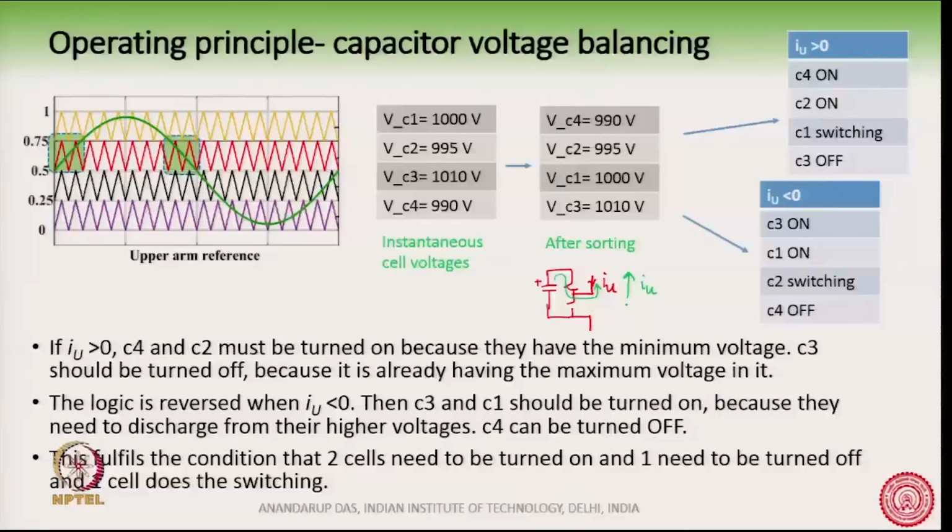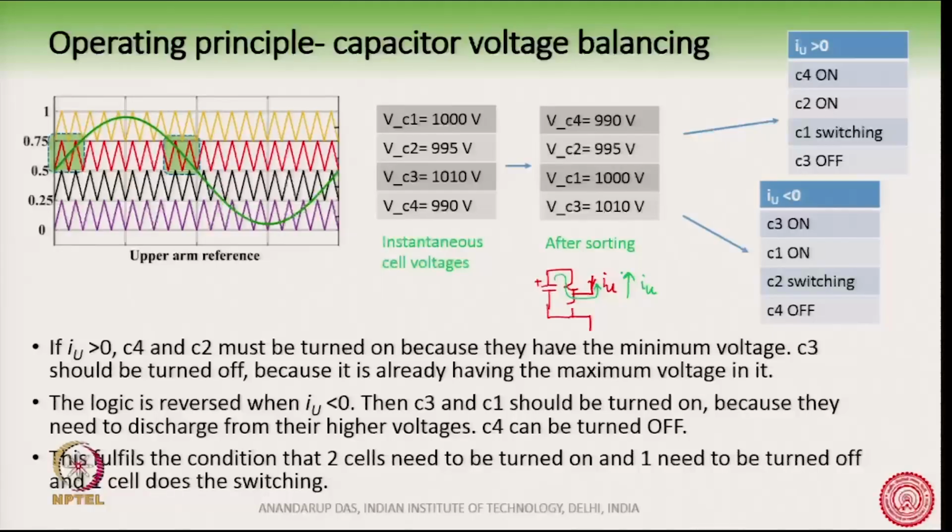You also understand that in order to implement the sorting algorithm, we need to sense the capacitor voltages in each DC bus. So, there must be a voltage sensor, and there must also be an arm current sensor. This arm current sensing is essential for knowing the direction of the current, whether IU is greater than 0 or less than 0.